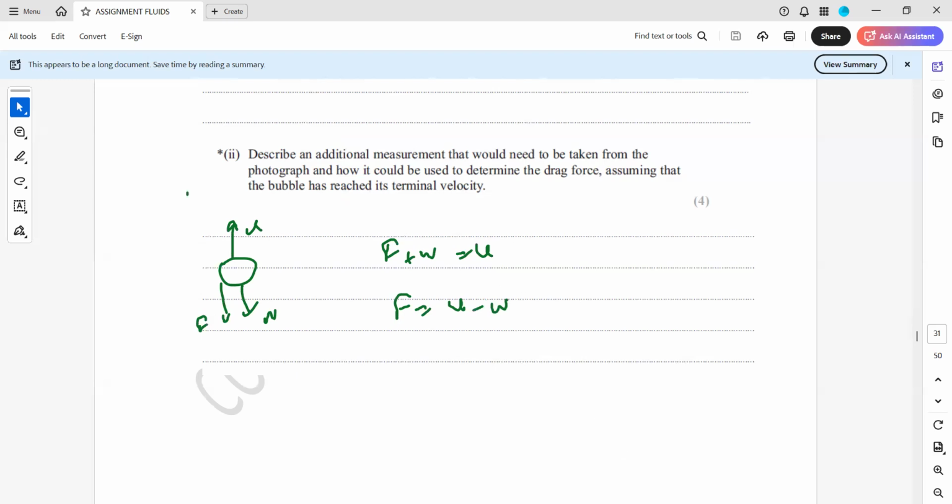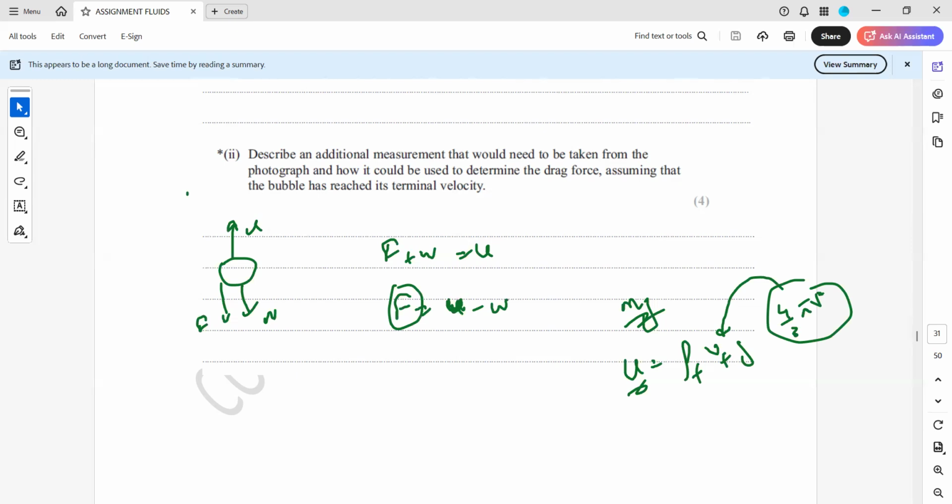How do we find the weight? Mass times gravity. And how do we find the upthrust? Density of the fluid times volume of the fluid displaced, which is the same as the volume of the object. Using the formula 4 by 3 pi r cubed, we get the volume. So we get the upthrust and the weight. When we subtract, upthrust minus the weight, we'll know the drag force.